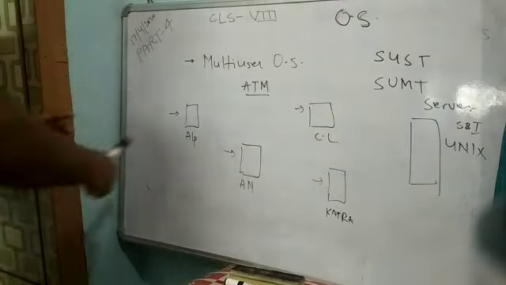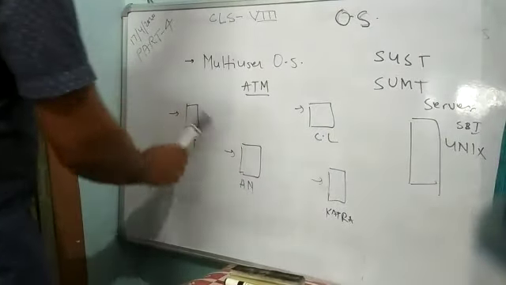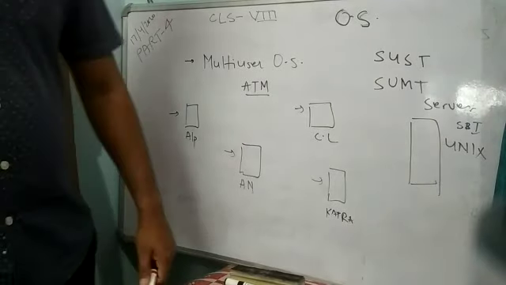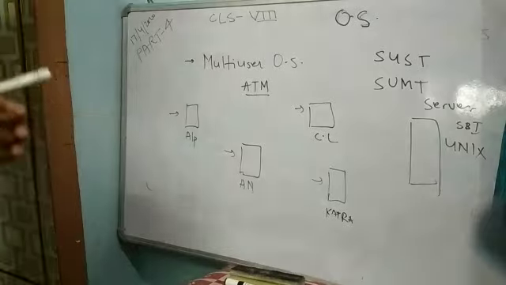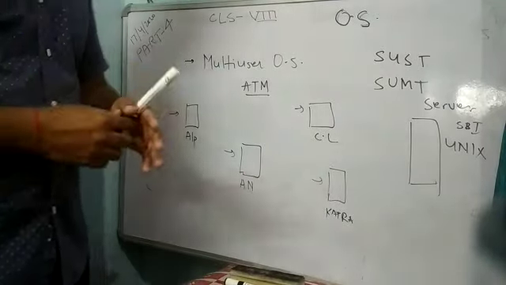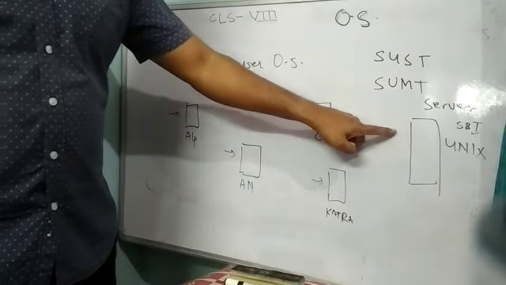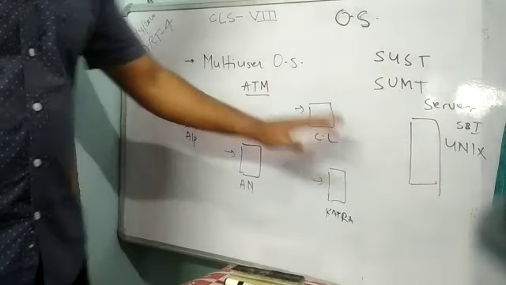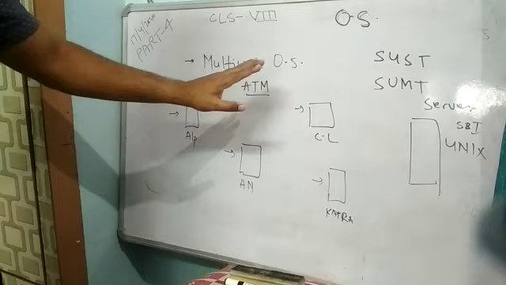Now you can see a single operating system and multiple users: four users are sharing this operating system and withdrawing their money from the ATM. So multiple users are working with the Unix server or Unix operating system. This is an example of a multi-user operating system.